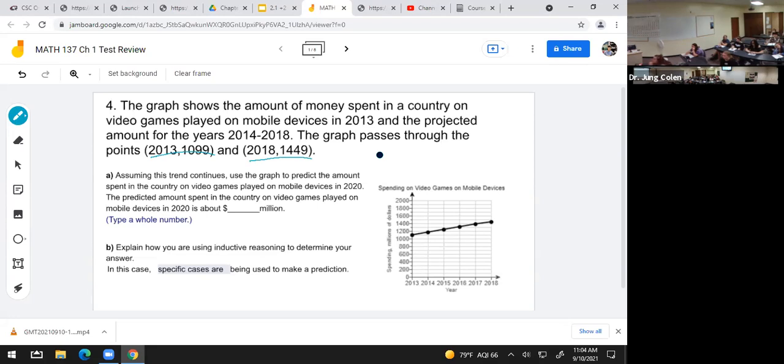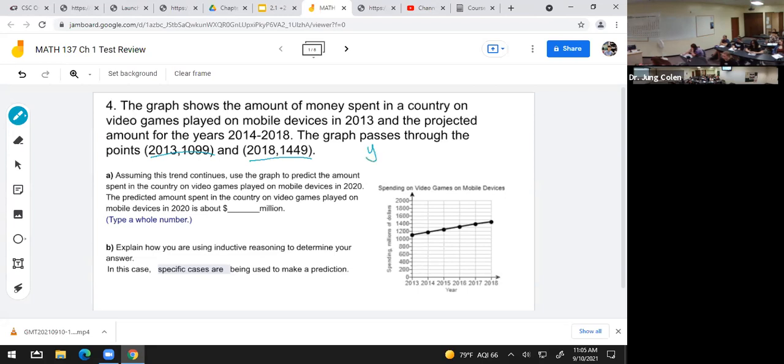So when you're looking at this graph, what kind of graph is this? Is it a parabola or a straight line? It's a straight line, right? So if you remember from high school algebra, we know it's a linear graph.